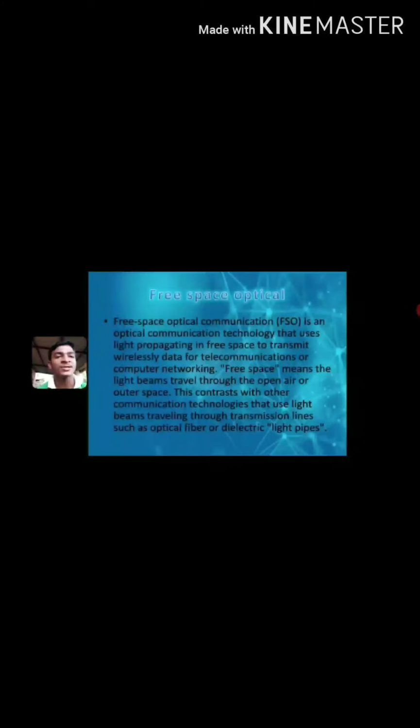Free space means the light beam travels through the open air or outer space, means the space outside the earth or in the air. This contrasts with other communication technology that uses light beams traveling through transmission lines such as optical fiber. Means it is different from optical fiber because it does not use transmission lines to pass its message.